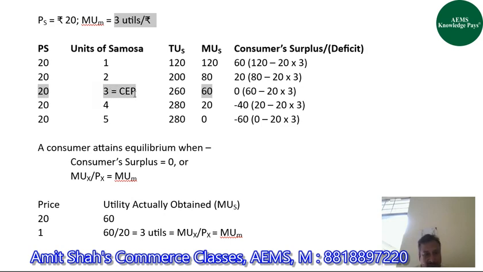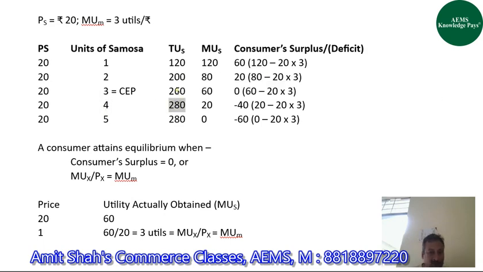That is why the third samosa is his equilibrium point. If he goes for the fourth one, for each rupee he is getting only one util. That is 20 divided by 20, MU divided by P, or MUX divided by PX, is only 1. But his expectation is 3 utils. So this cannot be his equilibrium point at all.